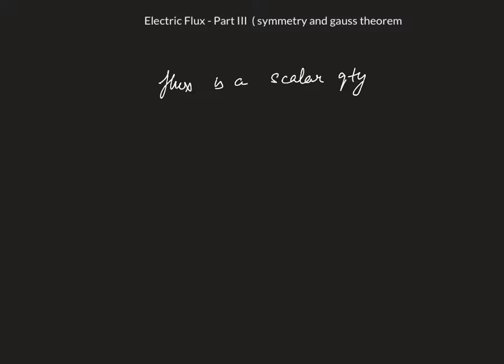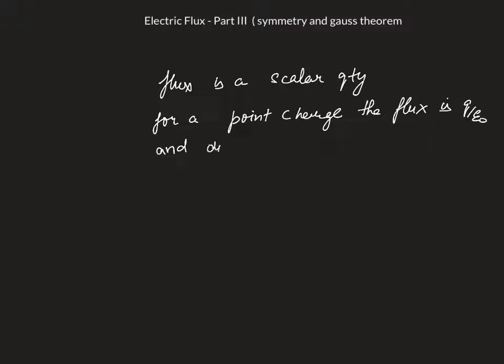We also know that for a point charge, the flux is q by epsilon naught and distributes isotropically in space.